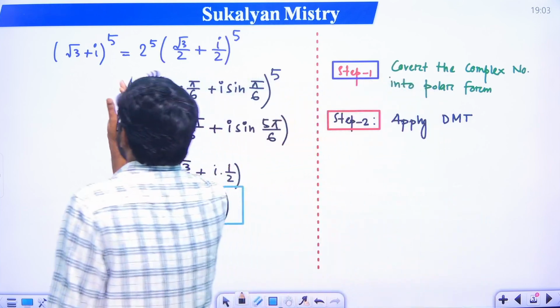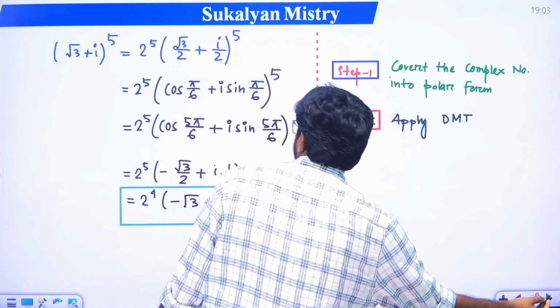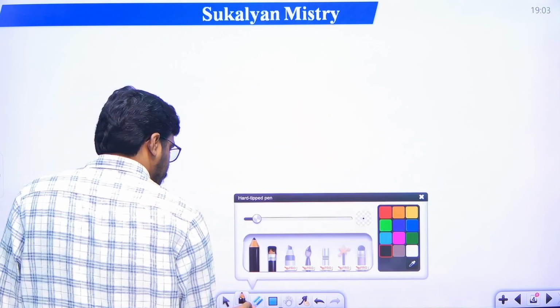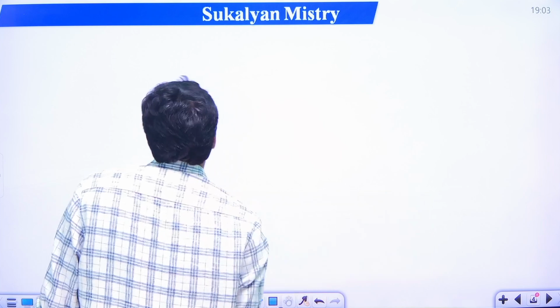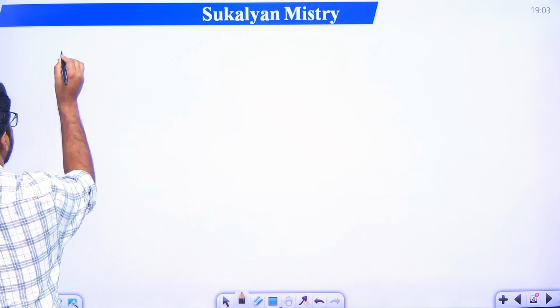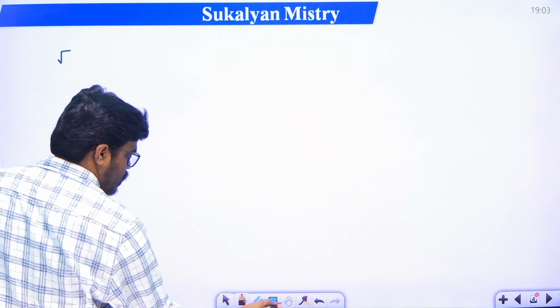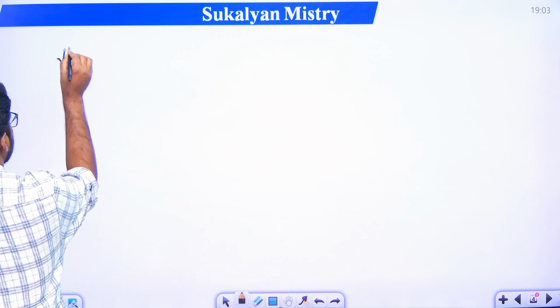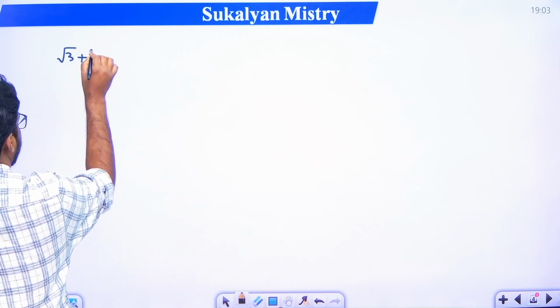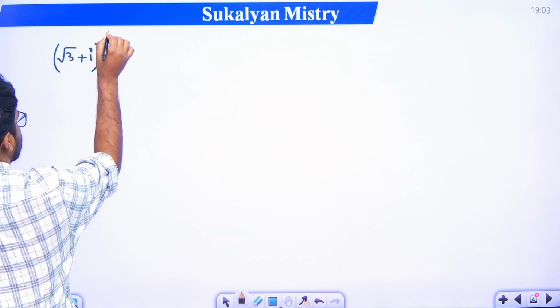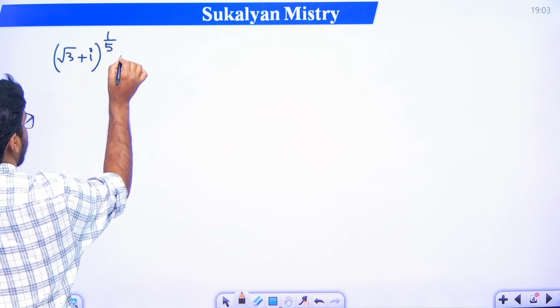So if we consider this, suppose root 3 plus I to the power 1 by 5.